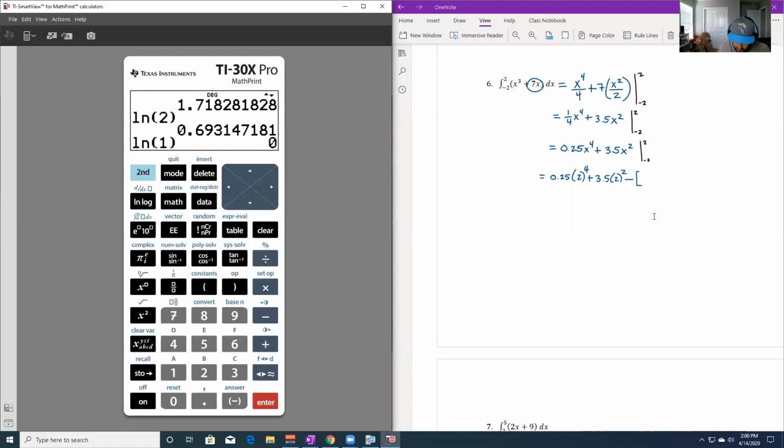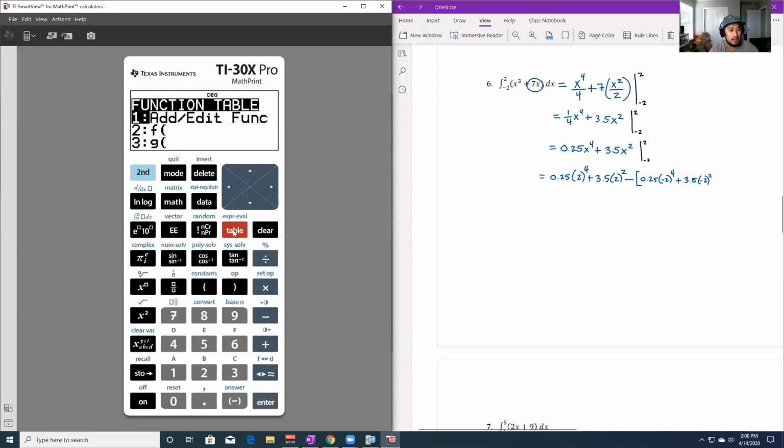And then again, 0.25 times -2 to the 4th plus 3.5 times -2 squared, close bracket.